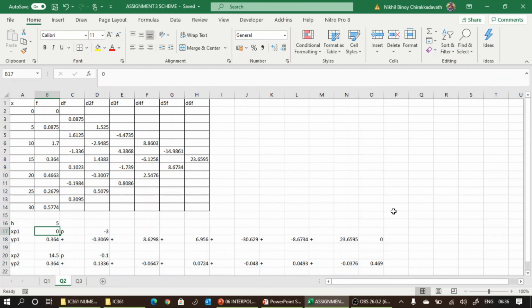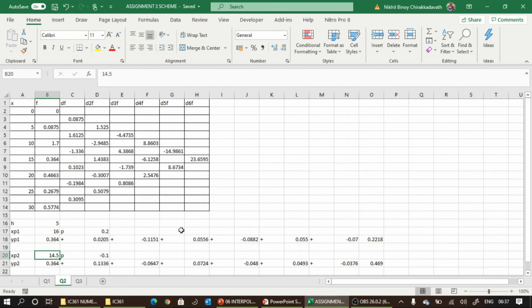If it is 5, that is 0.0875, that is this term. If this is 20, this is 0.4663, that is this data. So corresponding to 16, it is giving 0.2218.